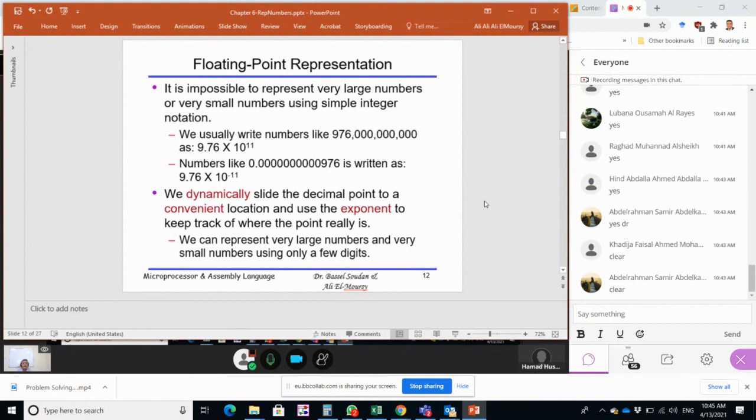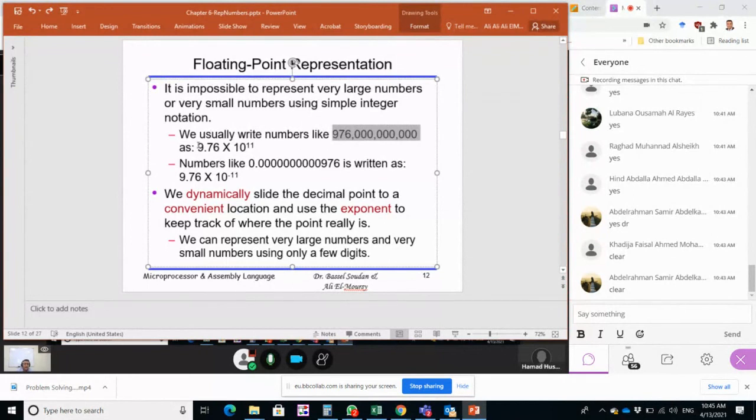Before we shift to the binary, you see this very big million number. This number can hardly be represented in fixed point, or it needs too many digits in order to store it. In our daily life, when we want to store this kind of number, do we ever write it like this?